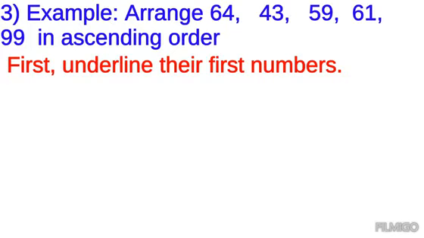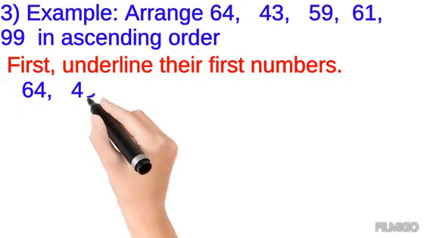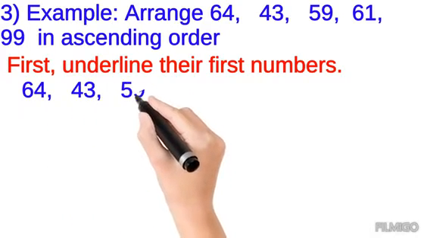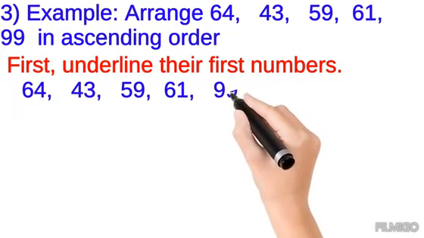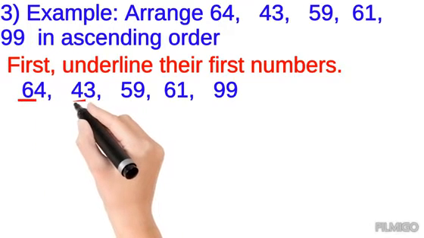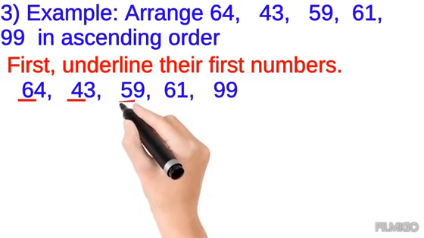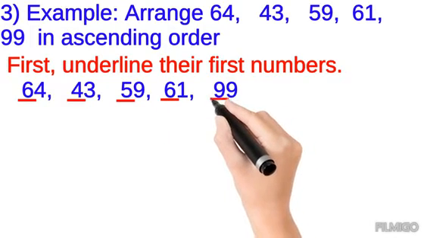So we are going to write it out. So we have 64, 43, 59, 61, and 99. After that, we are going to underline their first numbers, which is 6, 4, 5, 6, and 9.